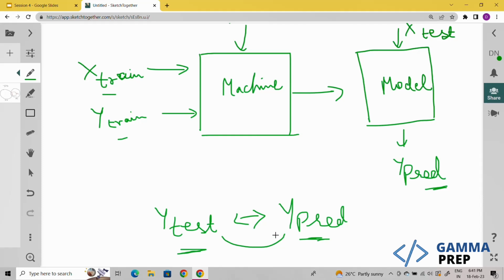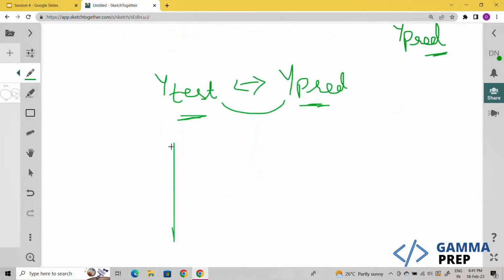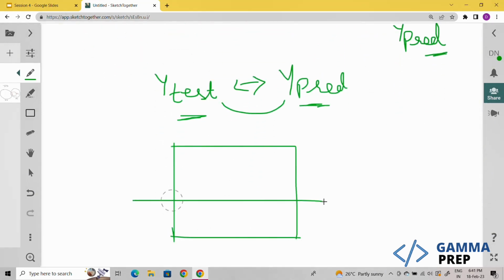So this is what happens in supervised learning. So in supervised learning, essentially, we work with label data. That is, we have independent attributes and one target attribute. The target attribute depends on the independent attributes, and this is called label data. That is, we have X and Y both. Now in supervised learning, what we do is we divide the data into two pieces: training and testing.